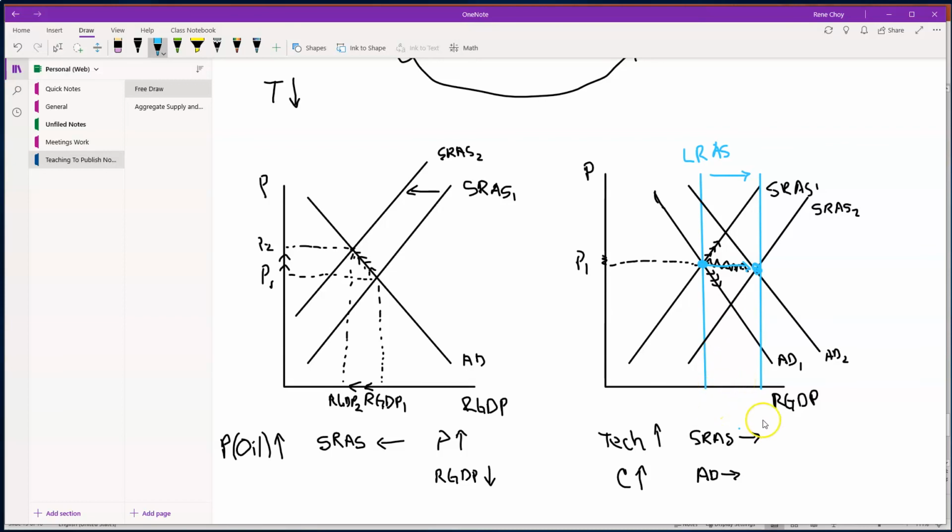So this is how you create long-run growth. It's a sort of partnership in many ways between the short run, the producers on this side, and the consumers on this side, in a very basic way.